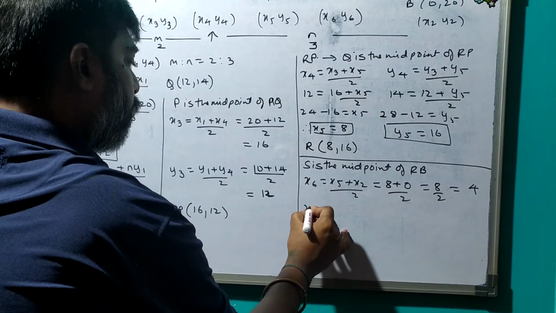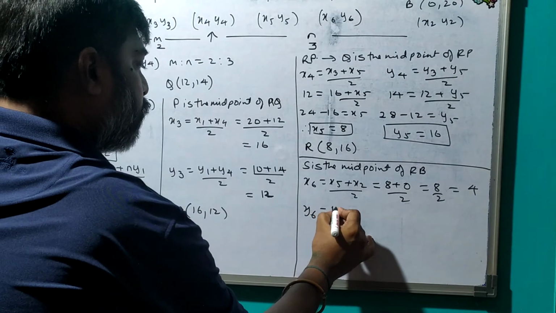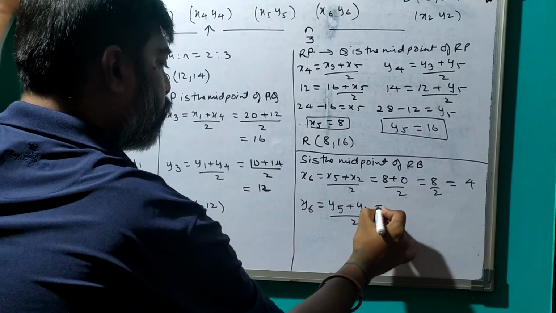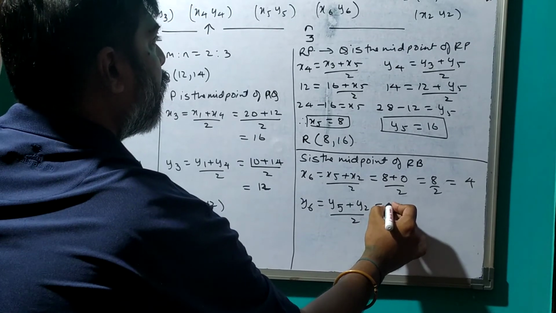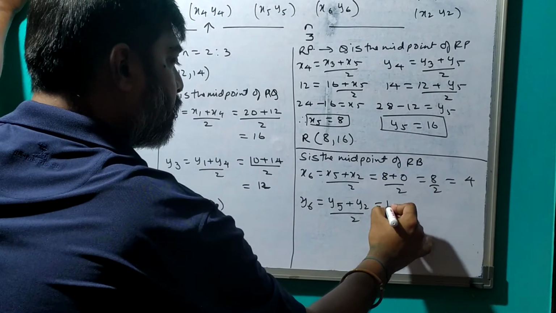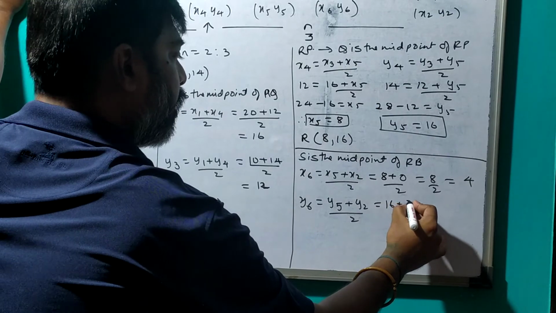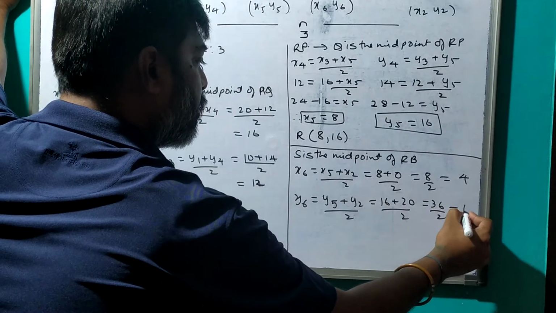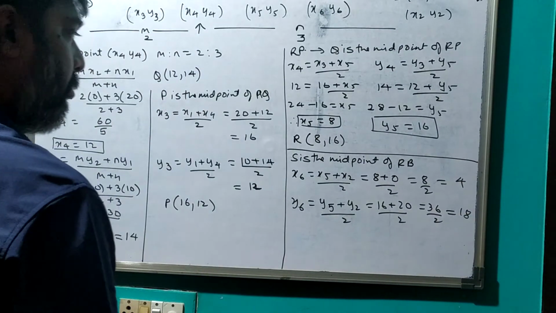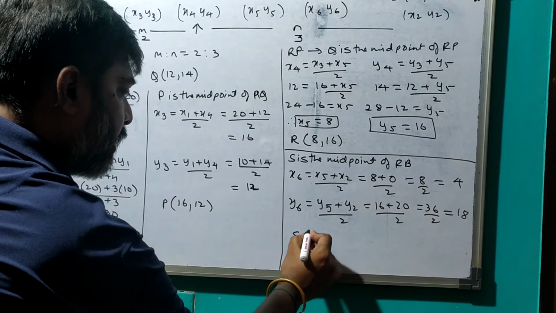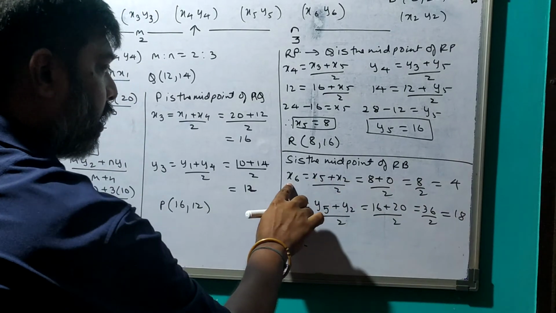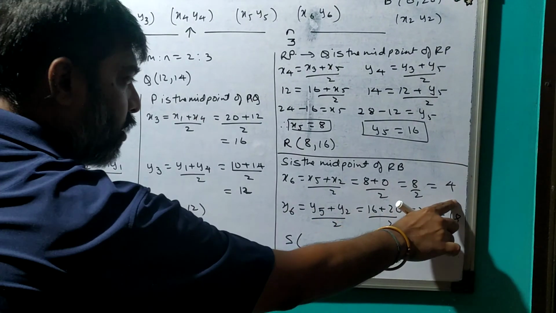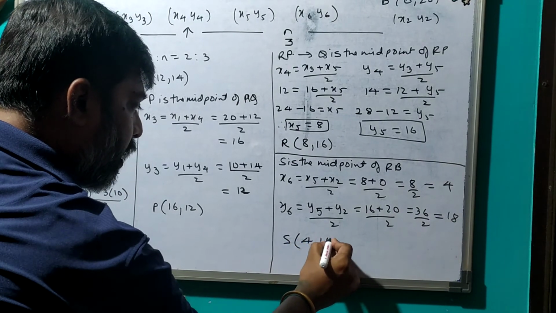And y6 is equal to y5 plus y2 upon 2, that is y5 is 16 plus 20 upon 2, that is 36 upon 2 is equal to 18. So directly I will get S as (x6, y6), that is (4, 18).